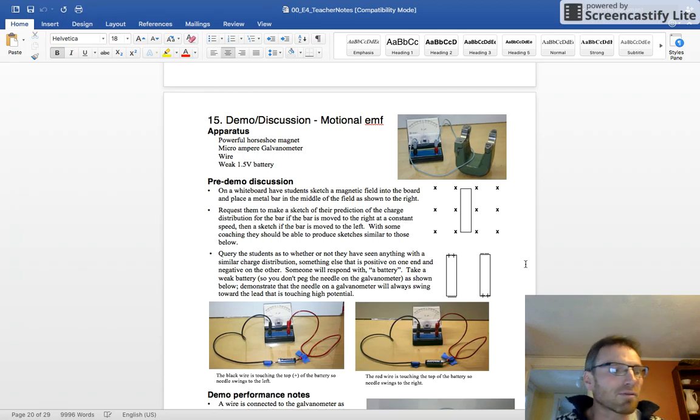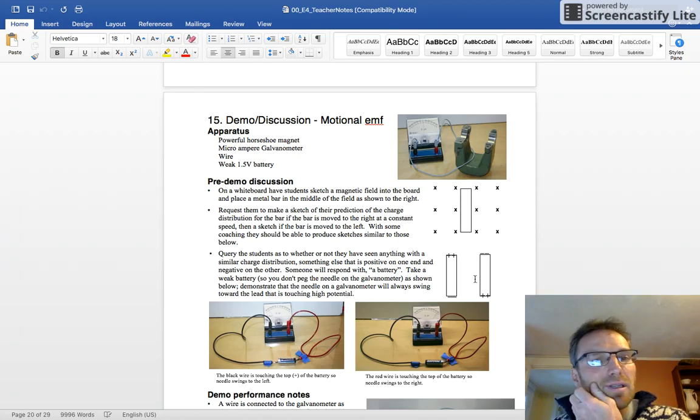Thinking about the right hand rules, which way to point your thumb. What does your thumb represent? The motion of the bar in the magnetic field, or the motion of the charge in the wire, or in the bar that's induced by the magnetic field that it's in.